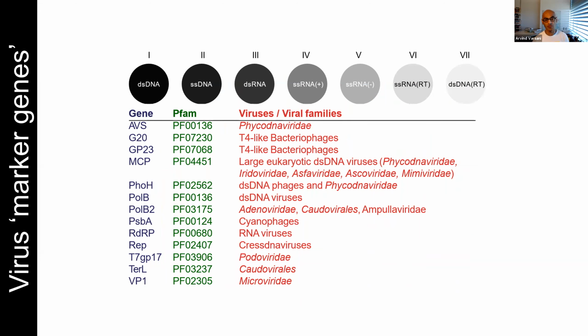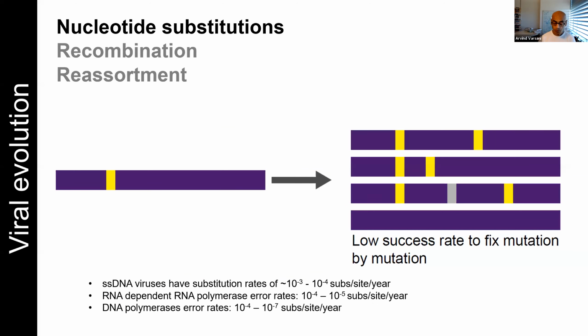There are certain groups of viruses that have certain genes that are conserved, but that's about it. Not across the entire group of viruses can you find a single gene that is conserved. So the taxonomy of viruses becomes a lot more complicated because you can't use a one-model-fits-all approach, and there is a lot of variation in taxonomy of viruses.